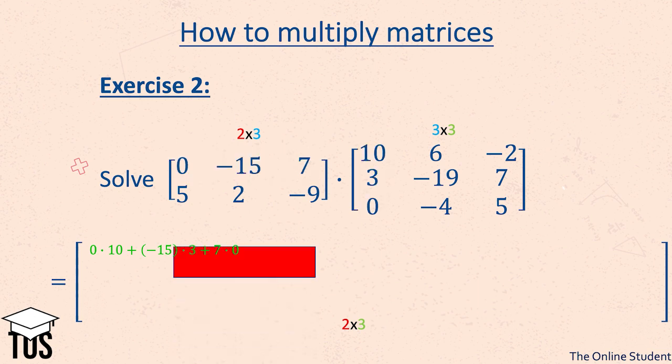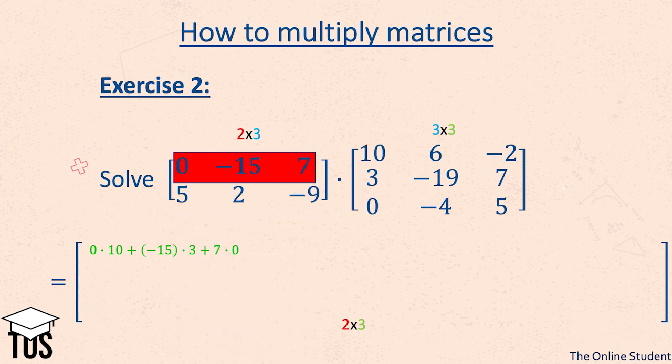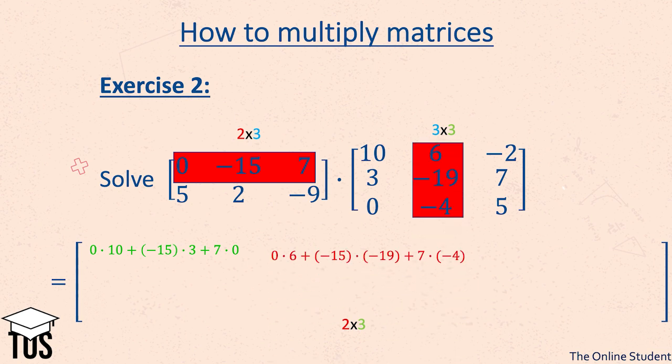Now we are going to take a look at the first row again, but now in combination with the second column of the second matrix, and we have the multiplication of 0 by 6 plus minus 15 multiplied by minus 19 plus 7 multiplied by minus 4. This will go in the first row and second column of the resulting matrix.